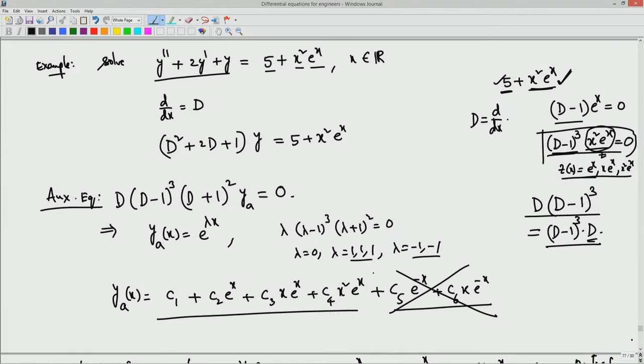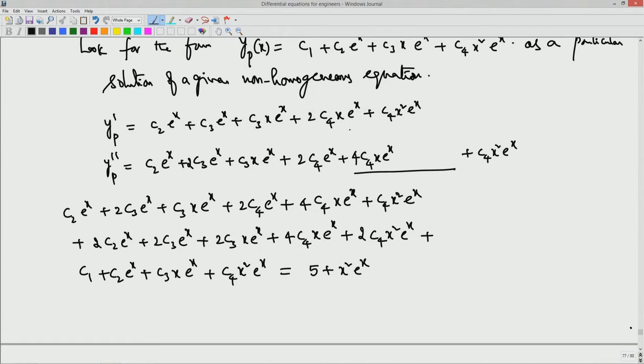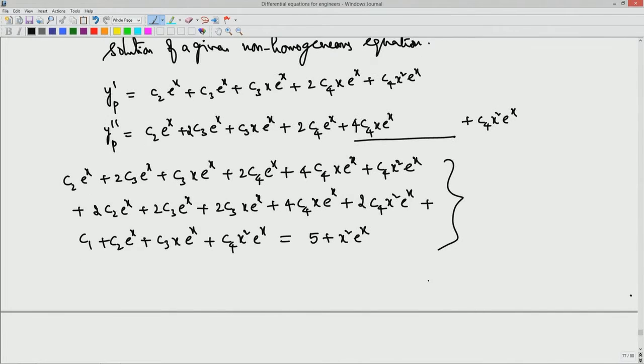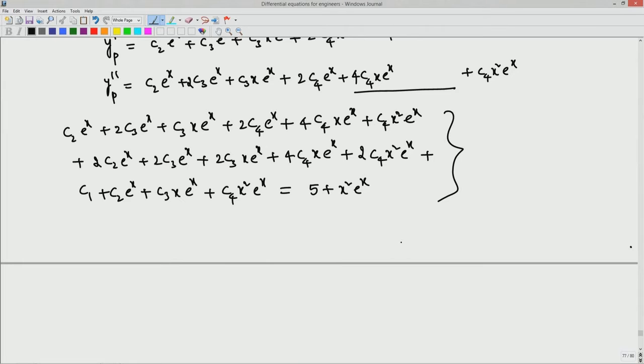So, this is the given non-homogeneous equation, that is why I substituted. Now, just by comparing the coefficients, you can find the solutions. You can calculate these constants C1, C2, C3, C4. So, how do I do it? First, the constant: simply the constant is C1. C1 is fixed as 5. What is the next coefficient?